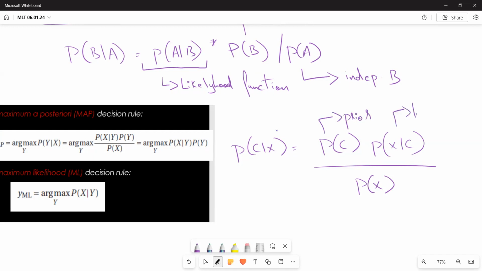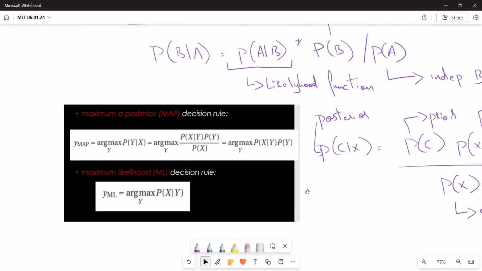This one is your likelihood, right? And you have your posterior here. And this is your evidence that you're looking for. What is this evidence? Your P of X, the probability that your observation X is seen, regardless of whether it is positive or negative.